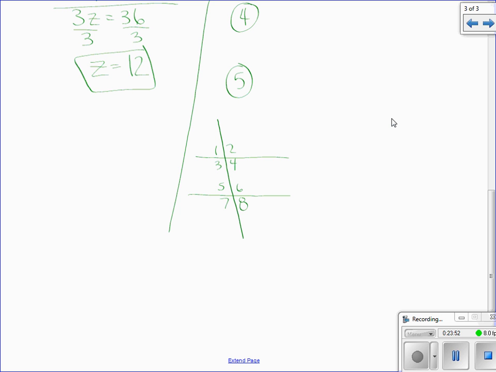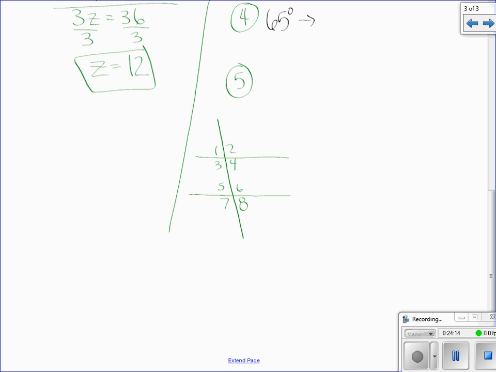You have to use one of the 5 sentences that we talked about on the second slide. Either one of the if-then sentences, or what was the 5th one? Vertical angles congruent. So what's the reason here? They're vertical angles. Okay, so your reason is vertical angles congruent. Do not forget to write congruent.